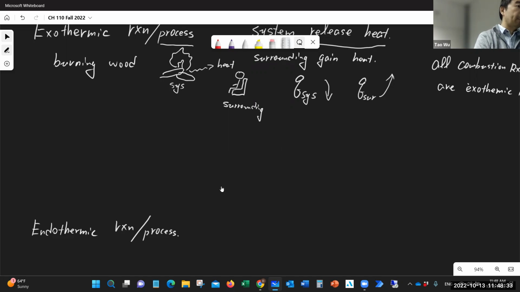For example, if you have water going to ice, this process from water to ice is also an exothermic process.